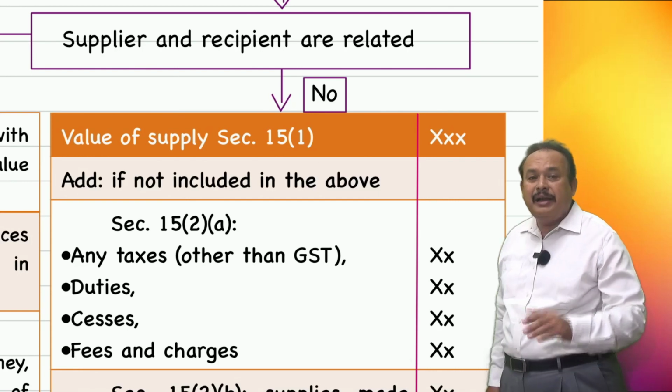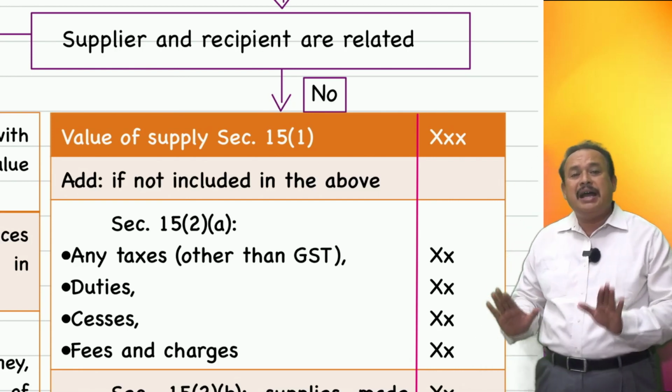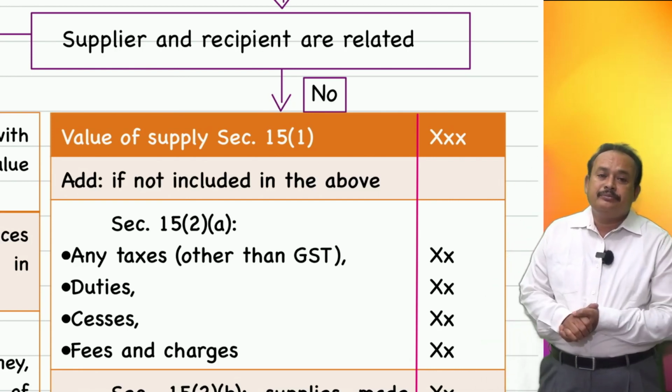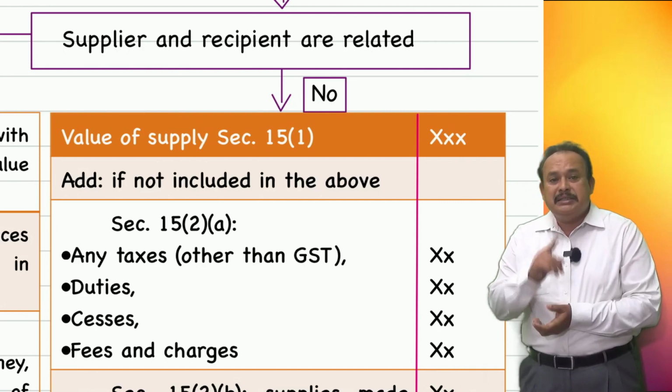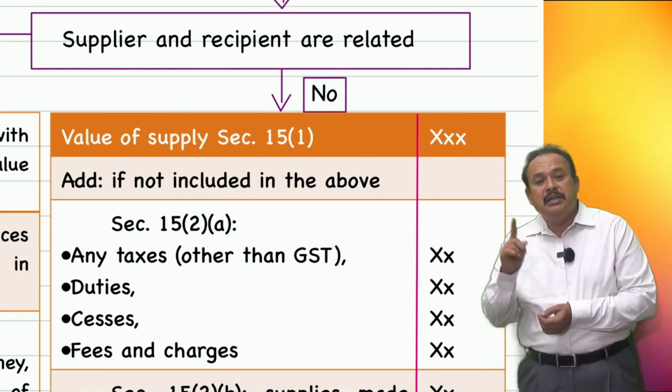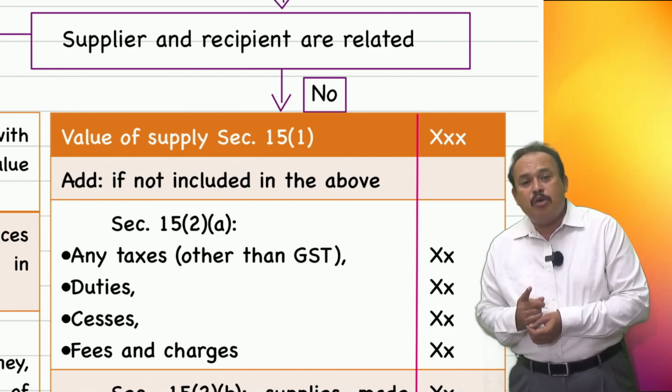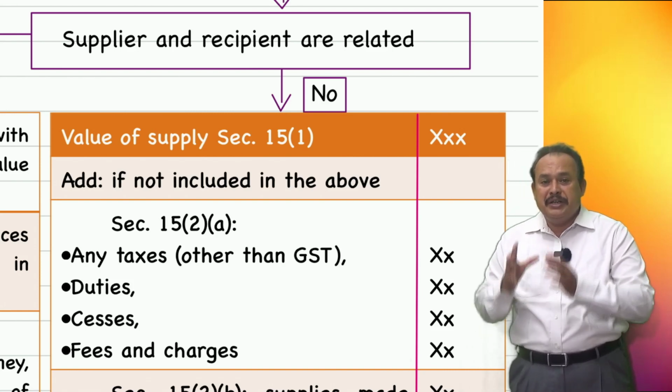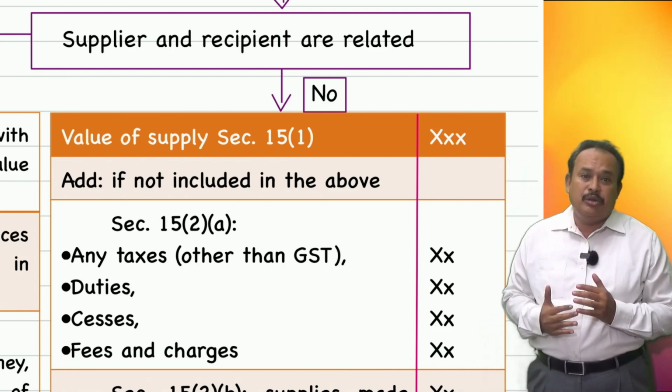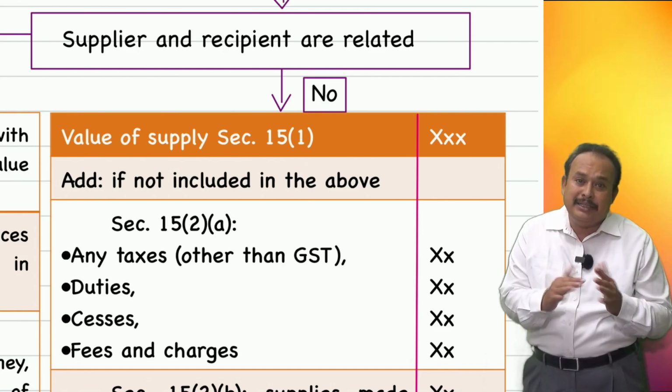If already added, an addable item, do not add again. And further, section 15 subsection 3, it is discount, deductible in nature. If it is not deducted, you deduct it from the value. If a deductible item is already deducted, do not deduct.